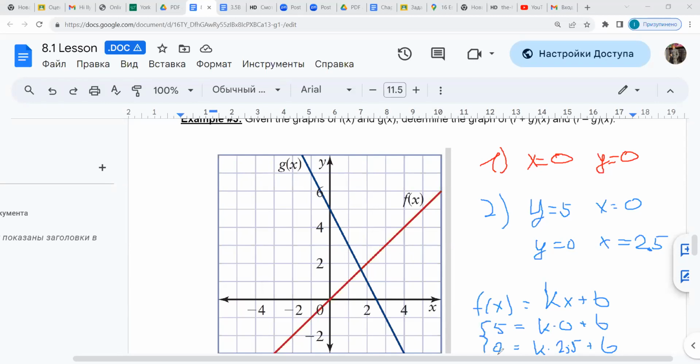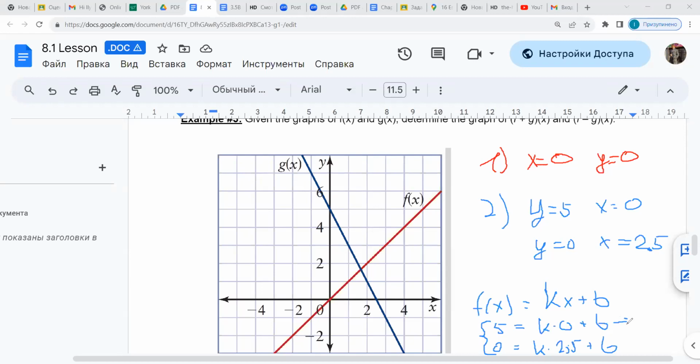Now, I have the system of equations that could help me to find b and k coefficients. Does everybody understand what I'm doing here? Before I move on, any questions? How did I do this? Okay, I'll treat it as no.